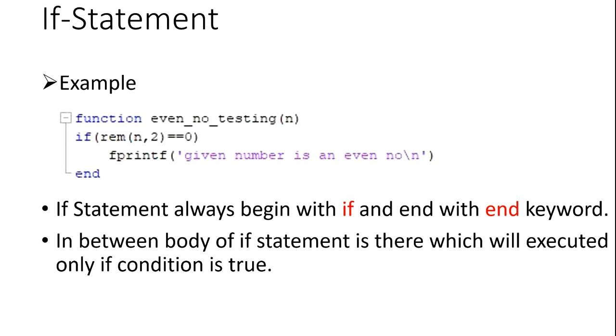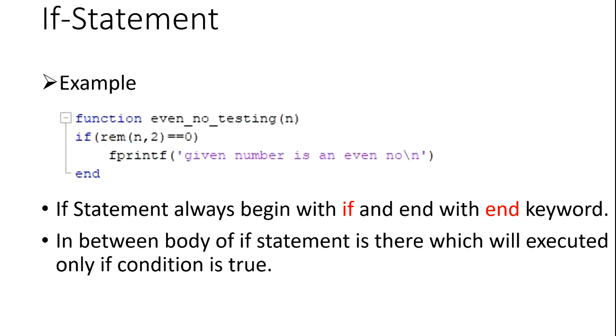It means a next line. So \n is not going to print; it tells MATLAB to go to the next line. And if you don't give \n, then it is going to start running from that point only. We will see in MATLAB. And an if statement always starts with if, and after that the condition follows, and it ends with an end statement.